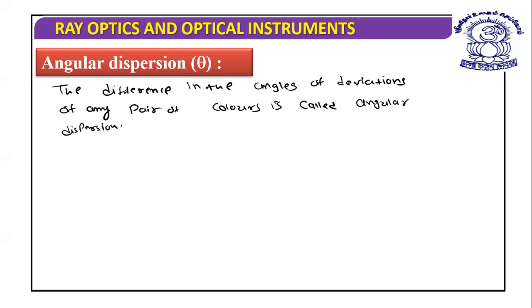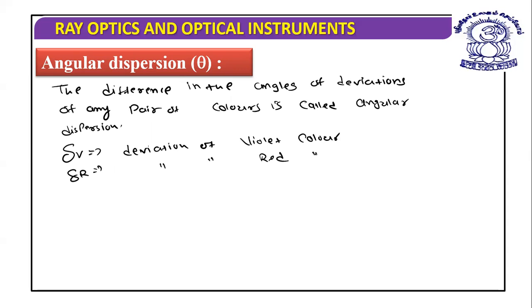The deviation of violet color is delta V, and the deviation of red color is delta R. Delta Y is the deviation of yellow color. The deviation of yellow color is taken as the mean deviation.